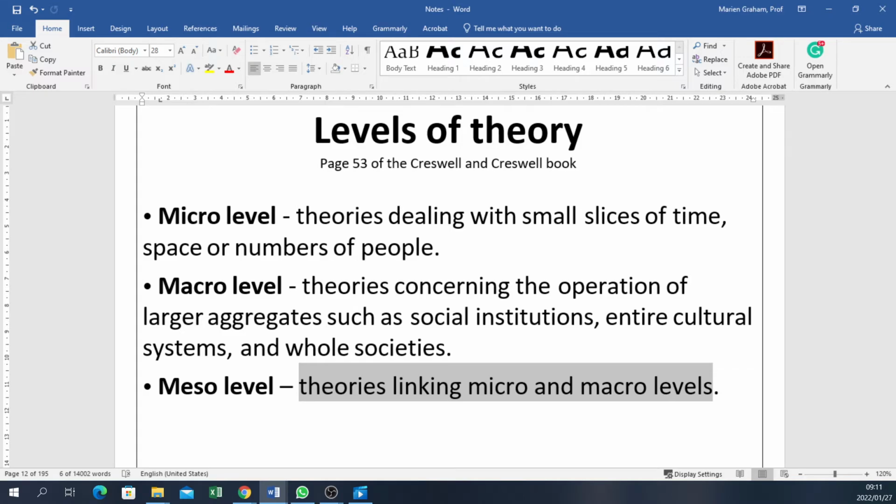So that is where they link up, where the government or the stakeholders or these larger aggregates at macro level now start to engage with teachers and learners on the micro level. It's the link between the two.